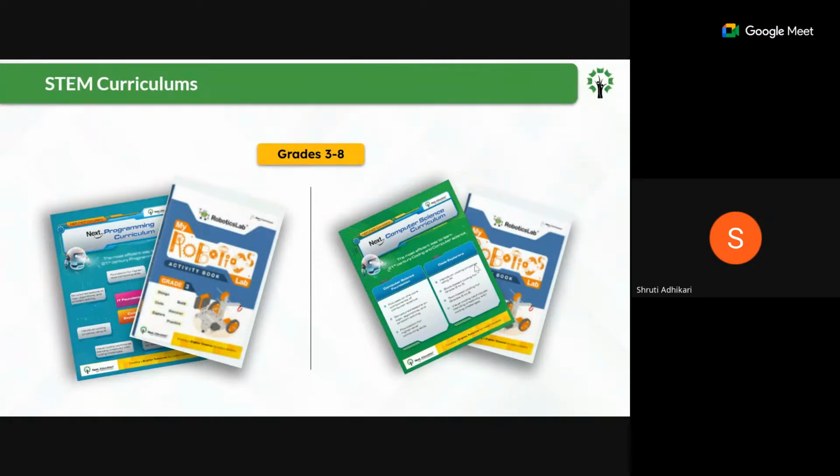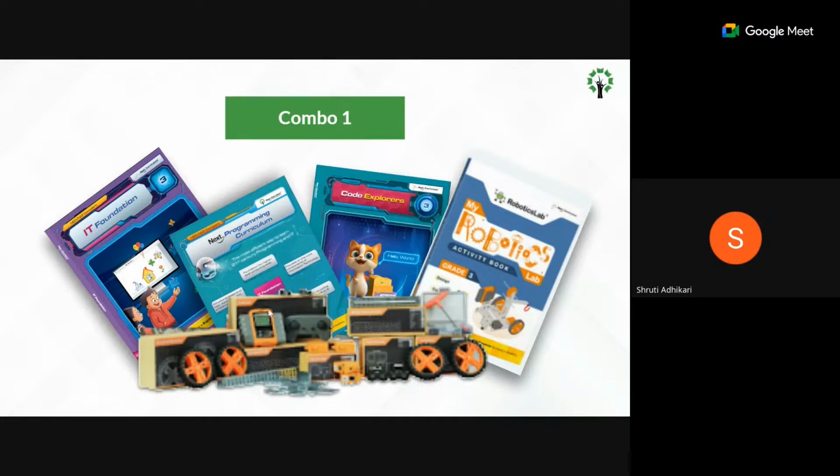So this is another product: a computer science book with a robotics activity booklet, which we are providing for grades 3 to 8. There's a robotic kit also, which is a part of the STEM curriculum. So this is combo 1. This also includes the coding booklet, Code Explorers, so that students can explore more activities on coding.